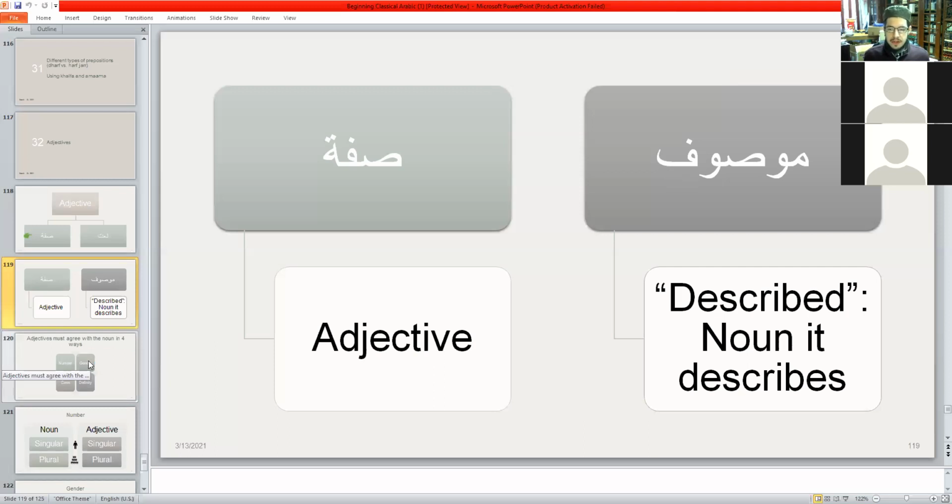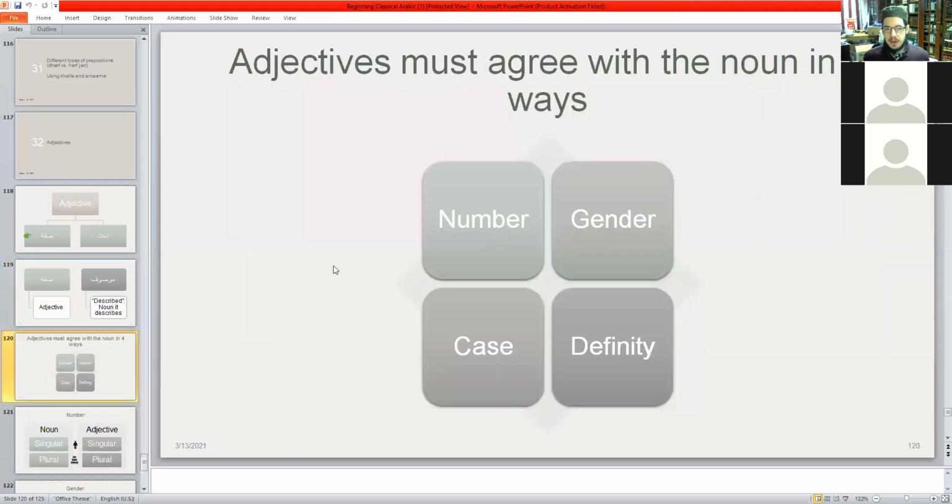We mentioned that there's two things to look out for when we're talking about the relationship between the sifa and the mawsuf. The first thing is agreement. Okay? Arabic is a little bit different from English because the sifa has to agree with the mawsuf in four key ways. Let's take an example in English and we'll see why this is so different.